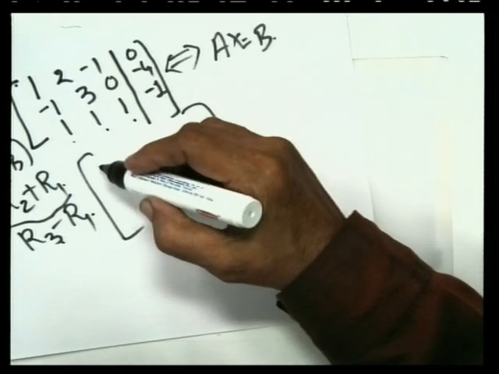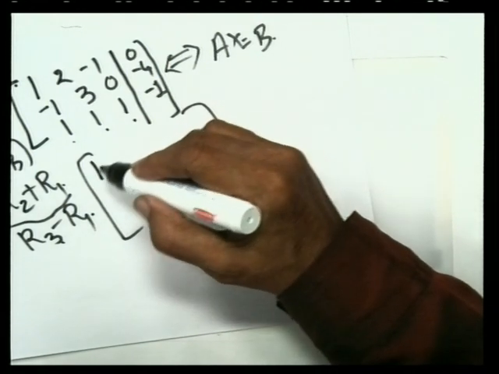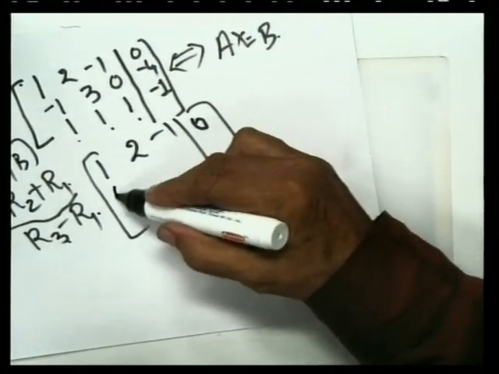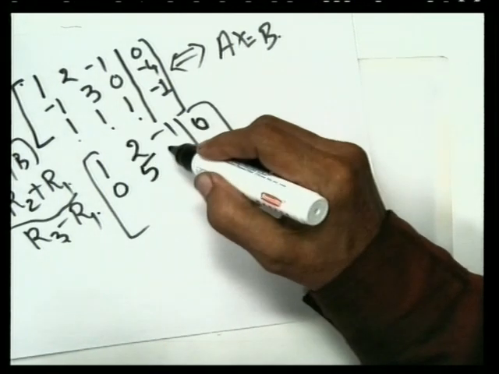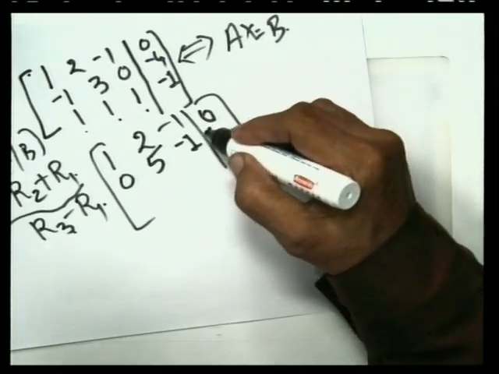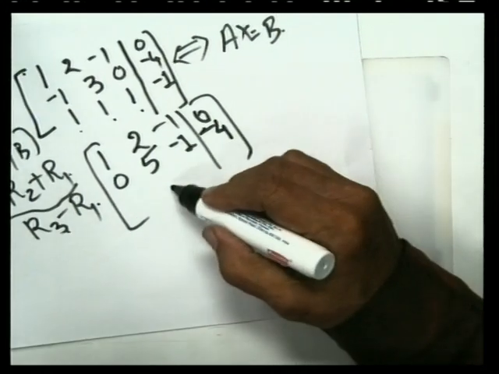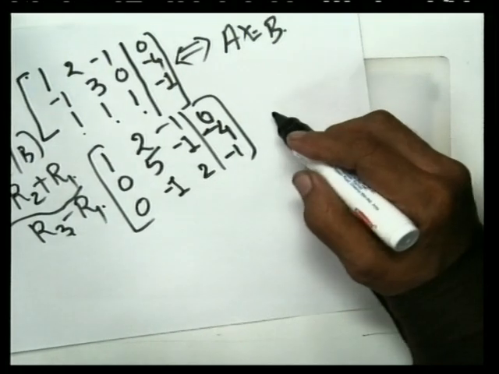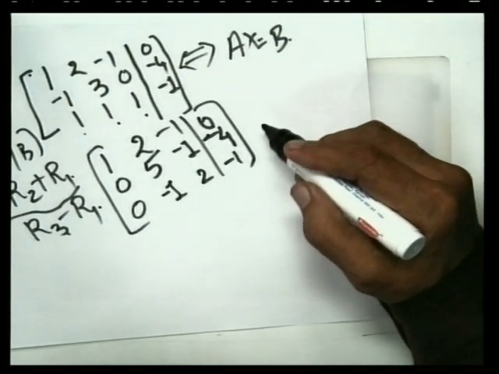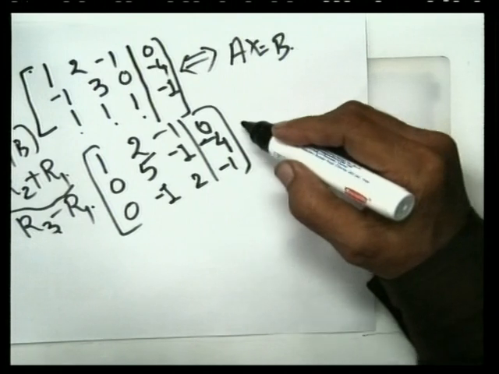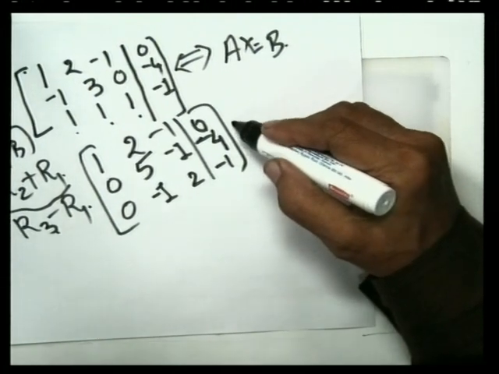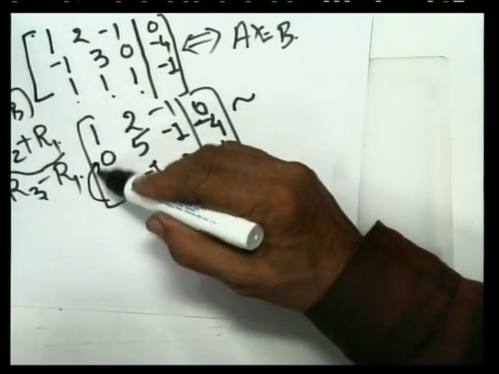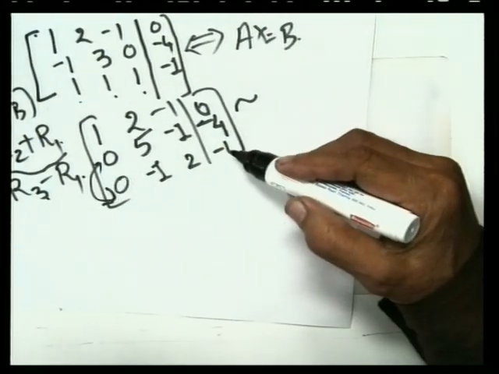The resultant you see is 1 2 minus 1 0, 0 5 minus 1 minus 4, 0 minus 1 2 minus 1. Now we interchange second and third row.